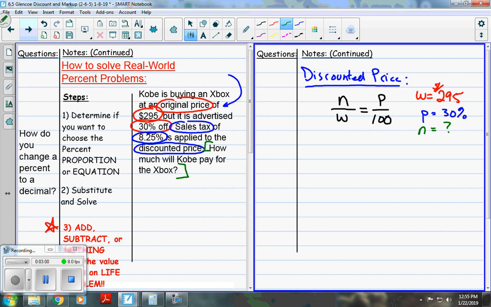So we're going to have to do our part, which is N over 295 equals 30 over 100. Then we start using our cross products on this, and we have 100n. Remember, it doesn't matter which order a cross product is done, and I should probably have a line here to know that there's a left and a right to it.